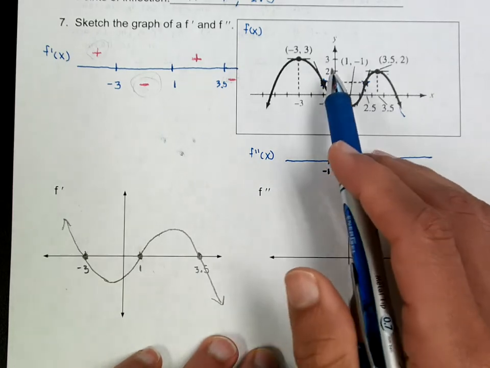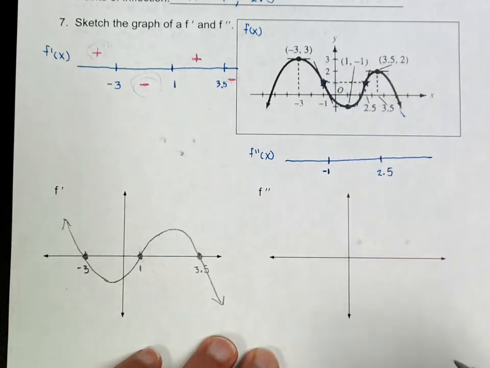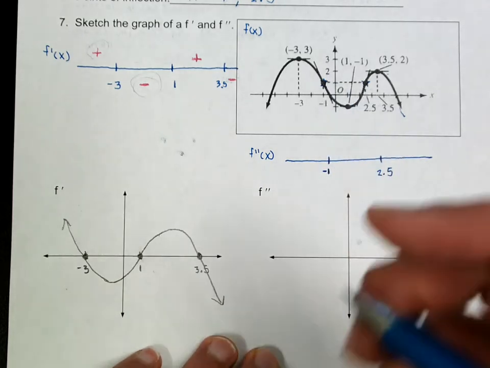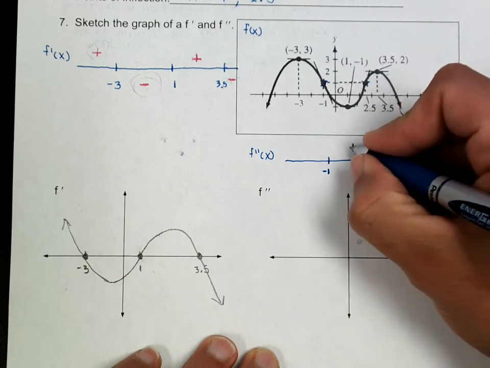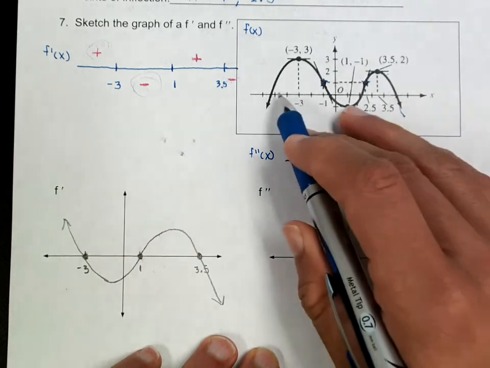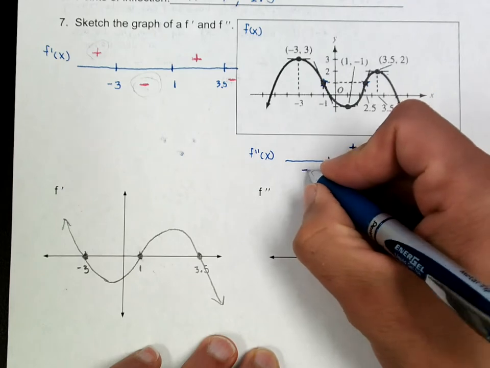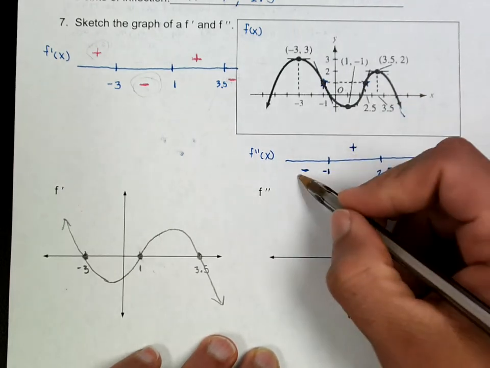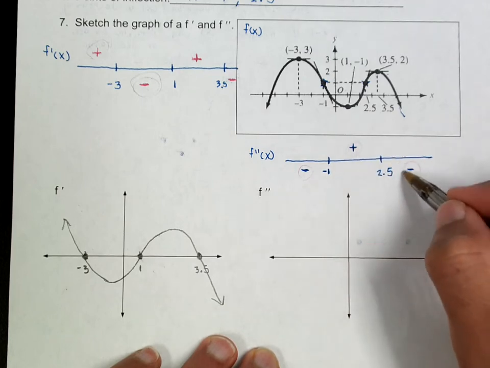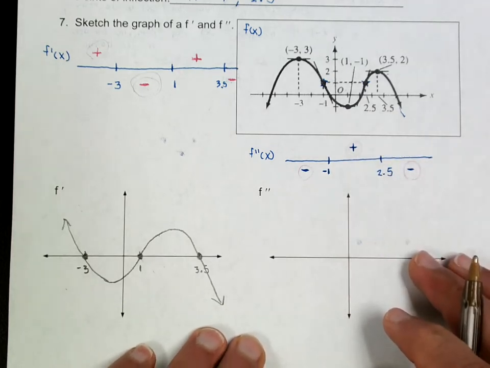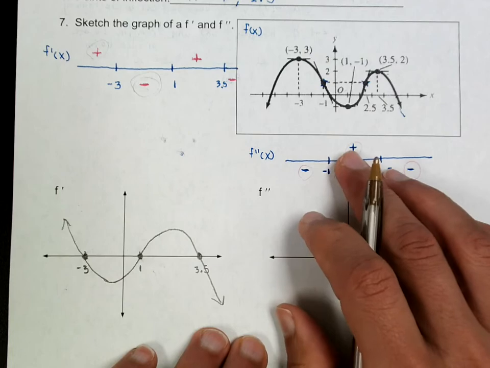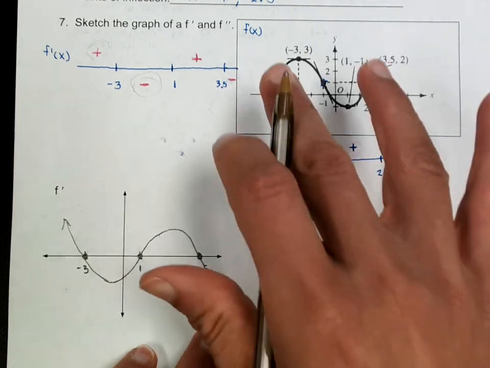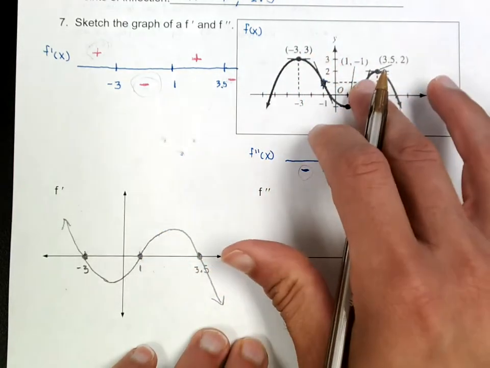Where this is concave up, that's going to be positive. Where this is concave down, that's going to be negative. Negative here, negative here. I should have used a different color. So here's the idea with those three: concave up, concave down, and you can see that here. Concave down, concave up, concave down.